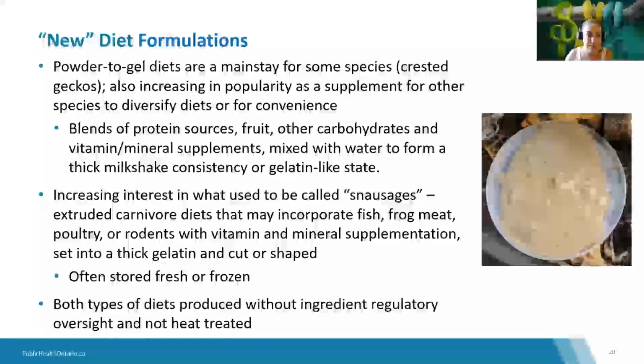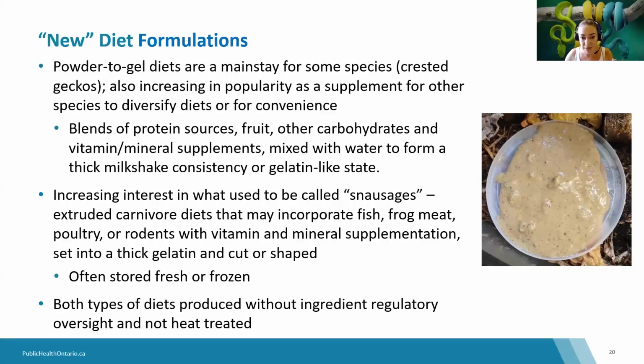Next slide, please. And then there are all these new diet formulations out there that I think are important to know about. Powder to gel diets are a mainstay for some species. Those crested geckos that I highlighted, you buy these powders and you mix them with water to a milkshake-like consistency. That's the pile of goop in the photo. These animals would then lap them up. Some of them actually set to more of a firm jello consistency for omnivores.